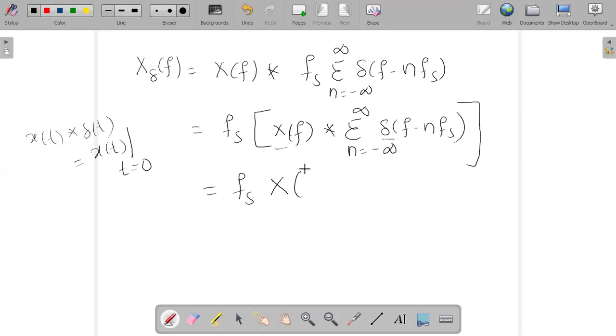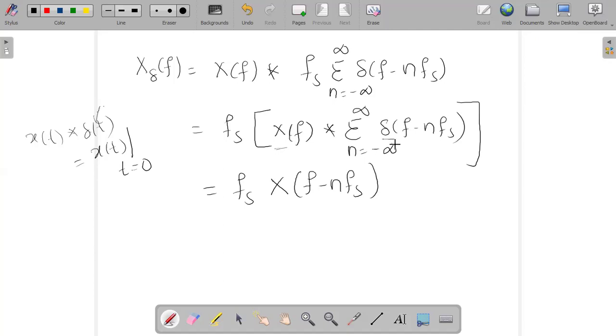Here in place of f, what we have to write? This one, f minus nfs. You can also write x of f where f equal to f minus nfs. Because delta of t is defined at t equal to 0 only, this becomes 0 when f equal to nfs. Similarly, like t equal to nts, here also f is equal to nfs.